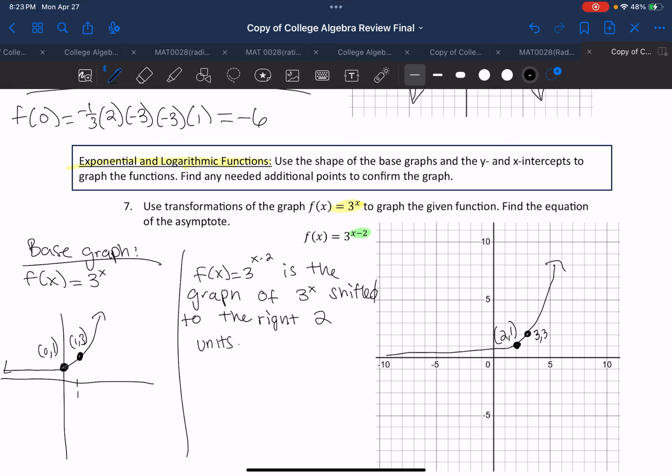Wait, it's the wrong point. That is (1, 2, 1). That's correct. And (3, 3) would be right here.